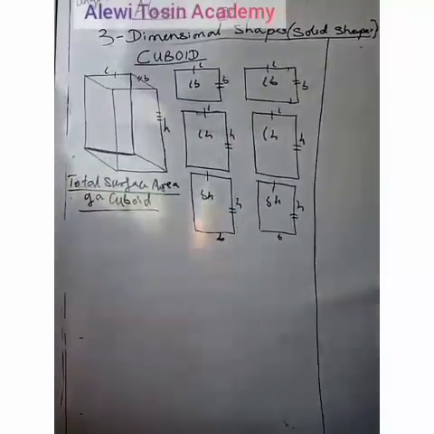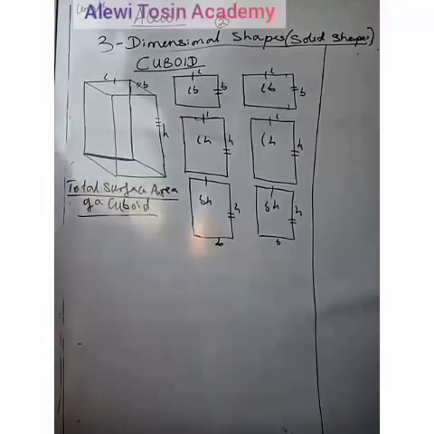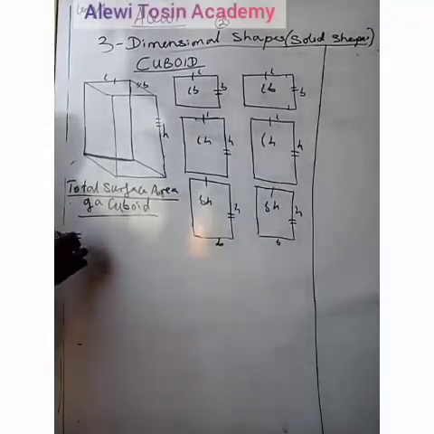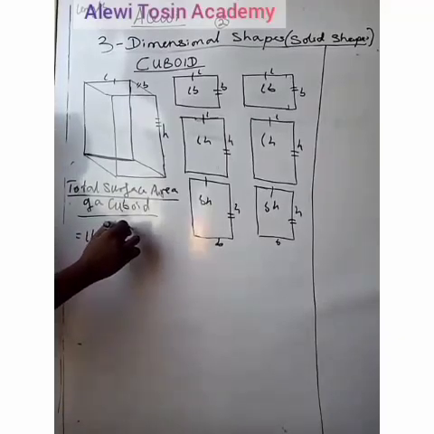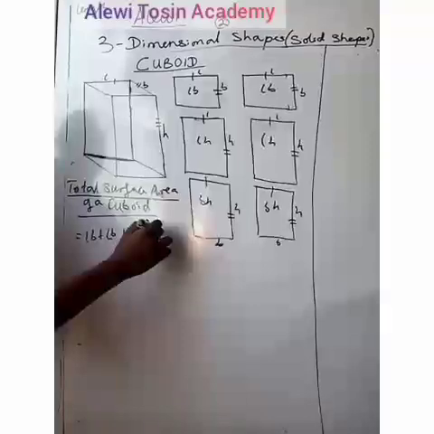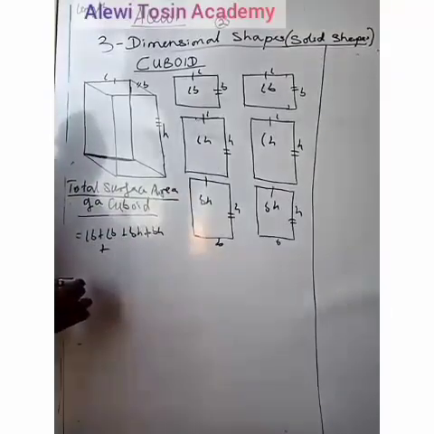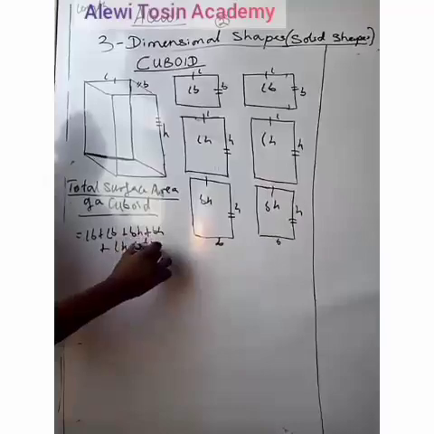Now, the combination of these shapes is LB plus LB plus BH plus BH plus LH plus LH.